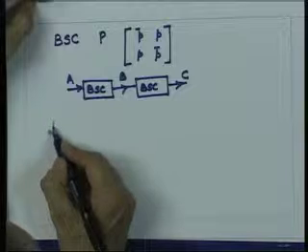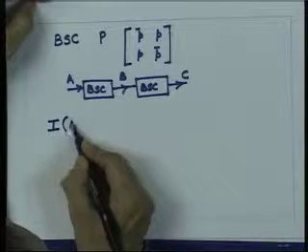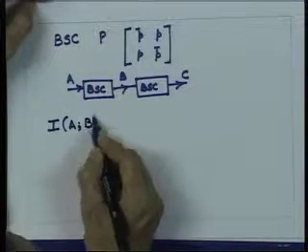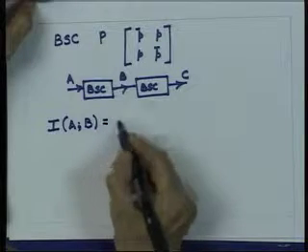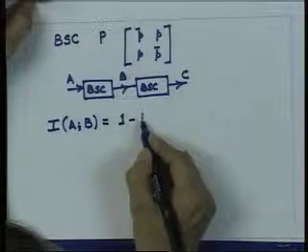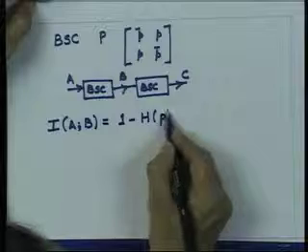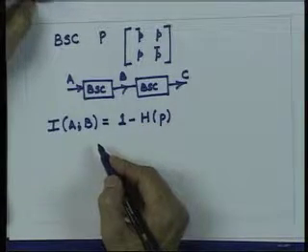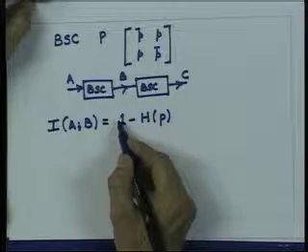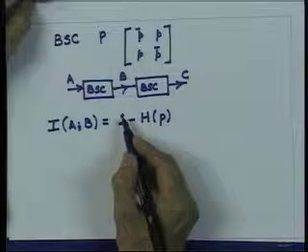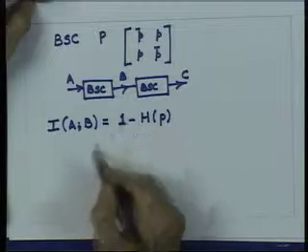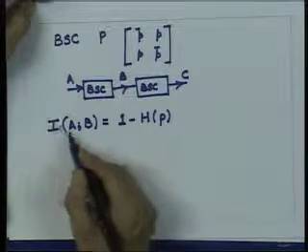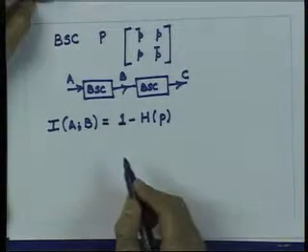So, we have seen that I of A B is equal to 1 minus H p, because if omega is equal to half, then H of omega p plus omega bar p bar is equal to 1, in which case we get this relationship.